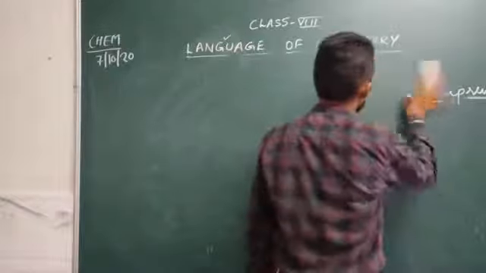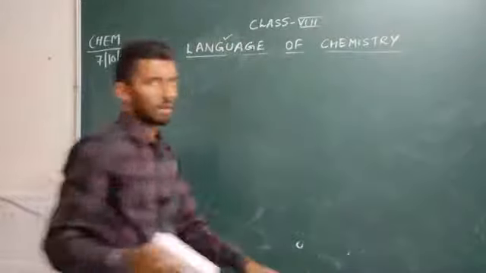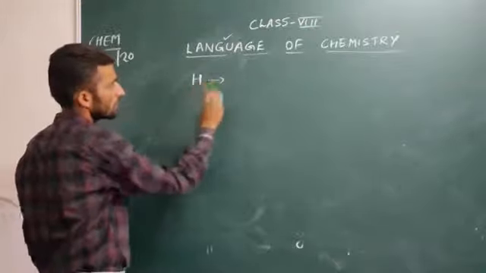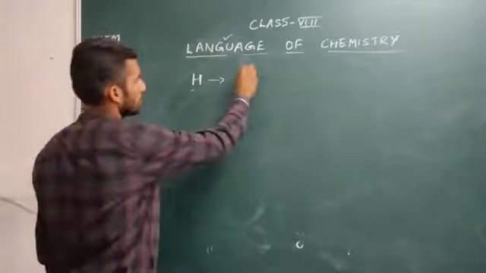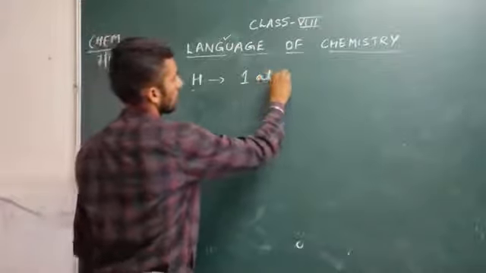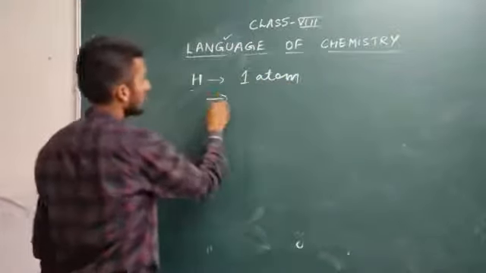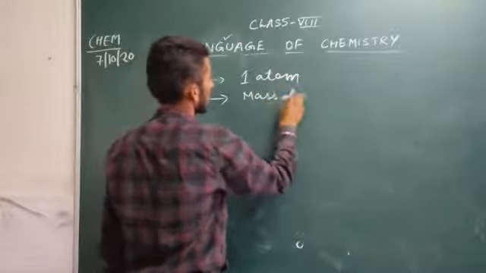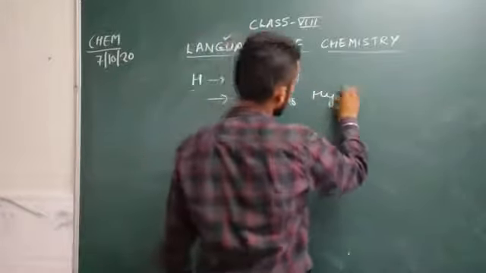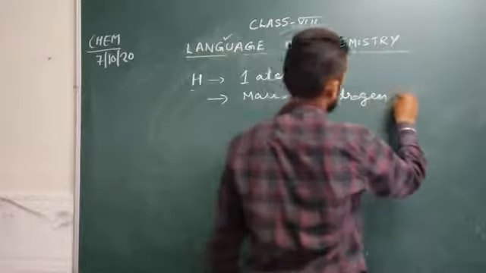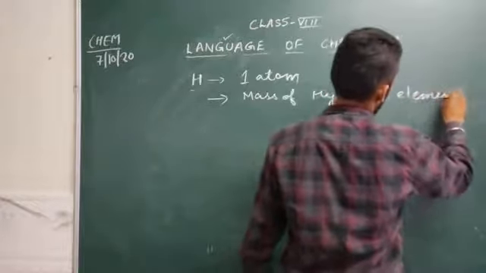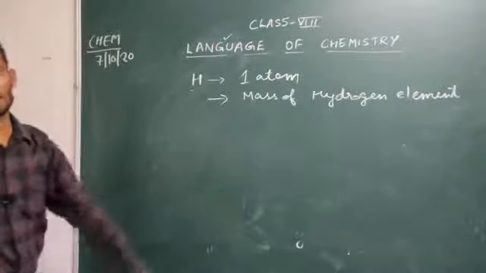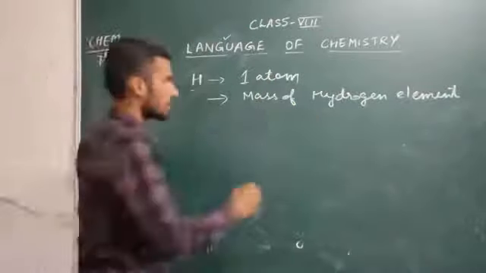So any one particular symbol represents one atom. Simply H, if it is written, means one atom, and it will be equal to the mass of the hydrogen element.